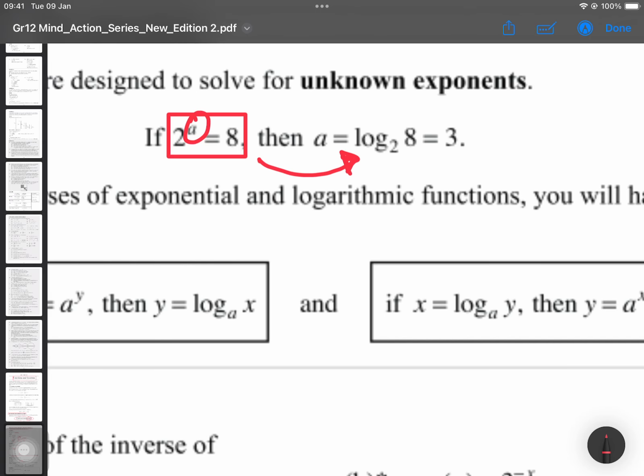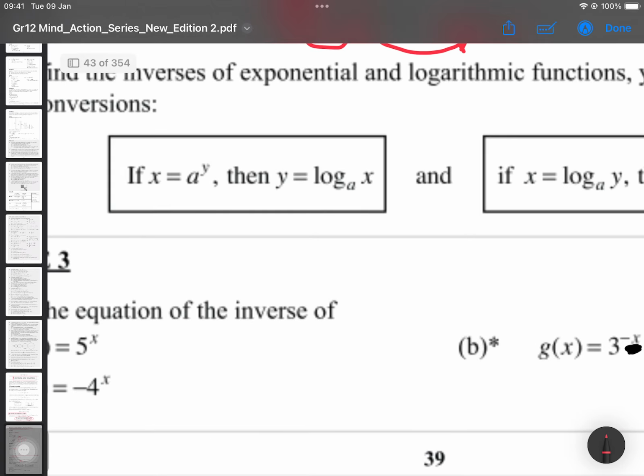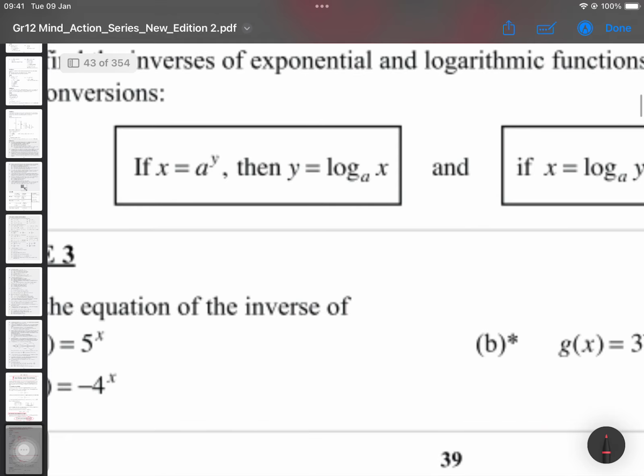The exponent will be equal to the log, with the base of the exponential as the base of the log, and the 8 on the side. You just need to know how to change it to that. Like here, y equals log, with this down here as the base, and then the x on the side, as you can see.